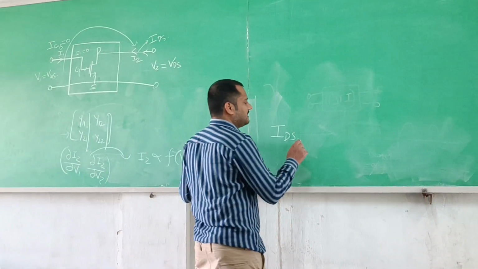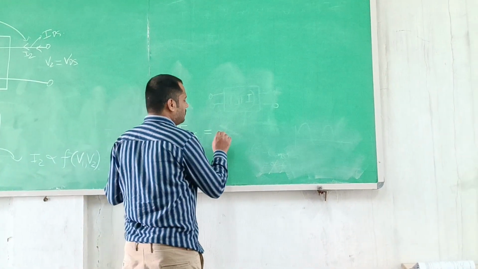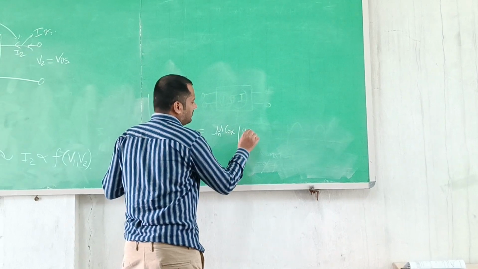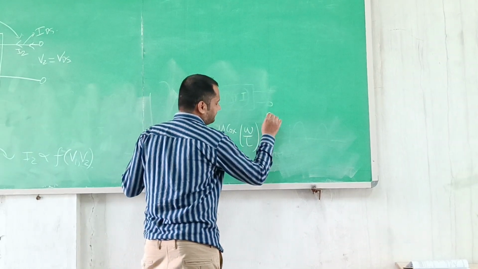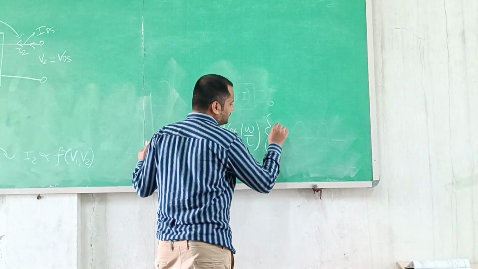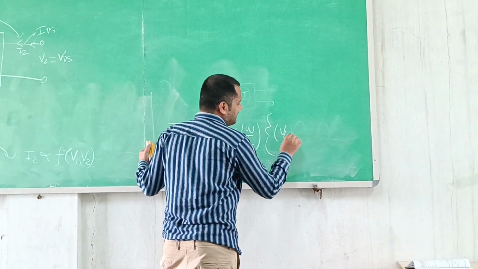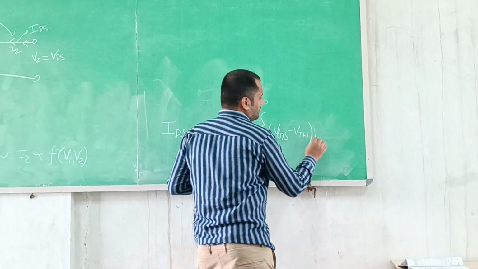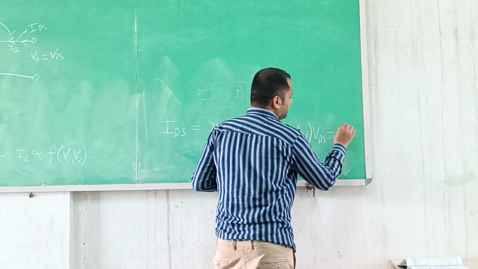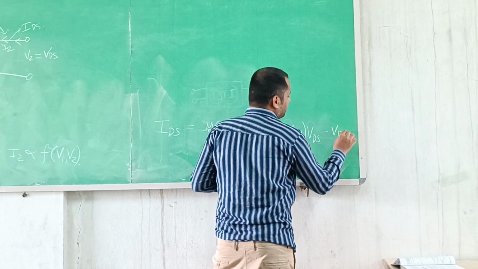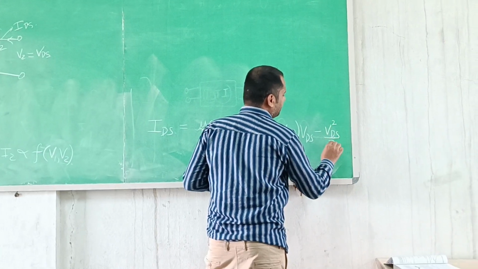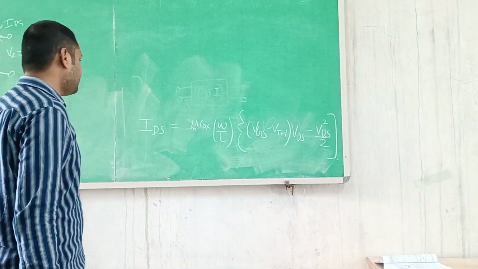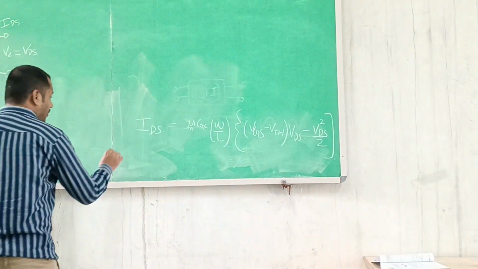So this equation is ID equal to mu n Cox W by L times (VGS minus VTH) VDS minus VDS square by 2. This is the first order equation.